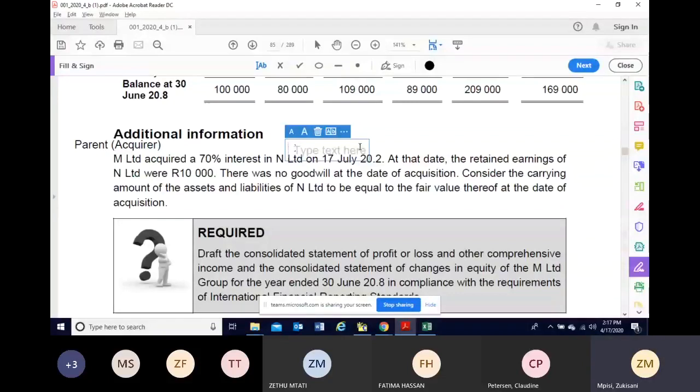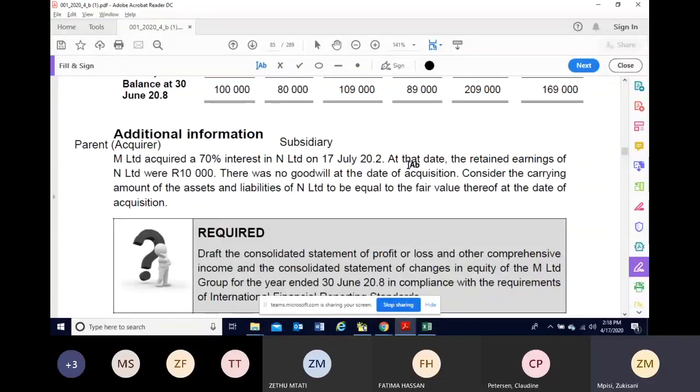So NLTD therefore becomes a subsidiary. NLTD becomes a subsidiary. This happened, take note of the date, on the 17th of July, 2002. We are currently busy with 2008. So the acquiring happened 6 years ago.